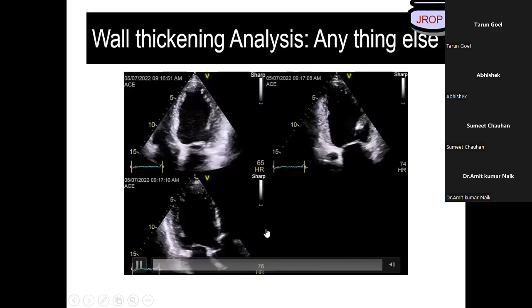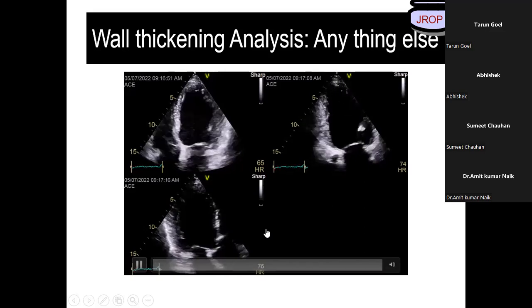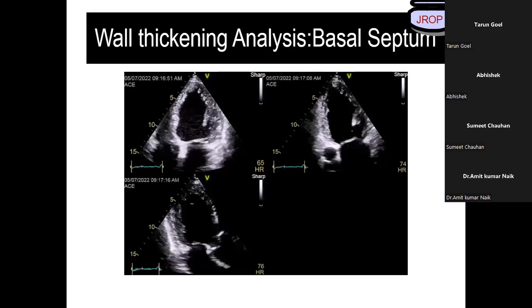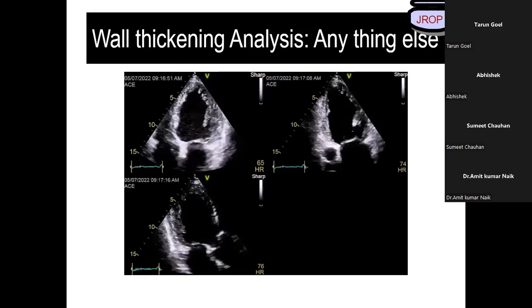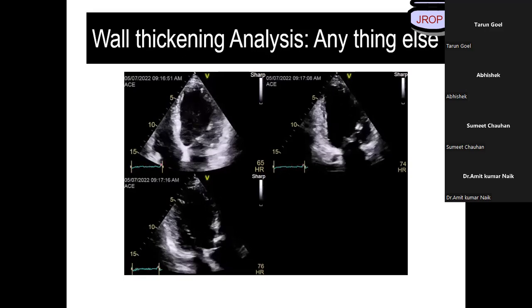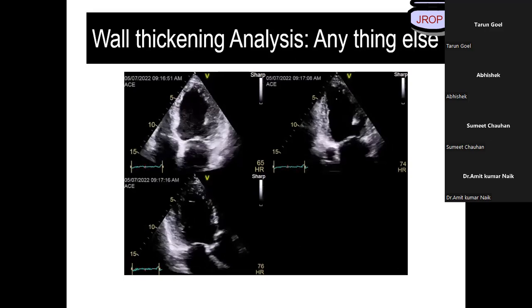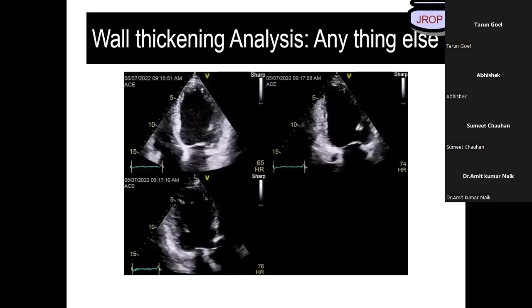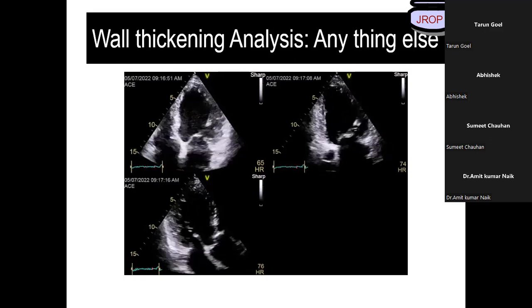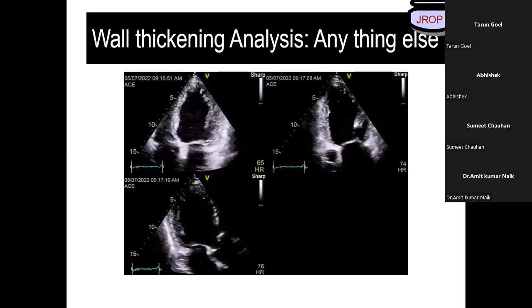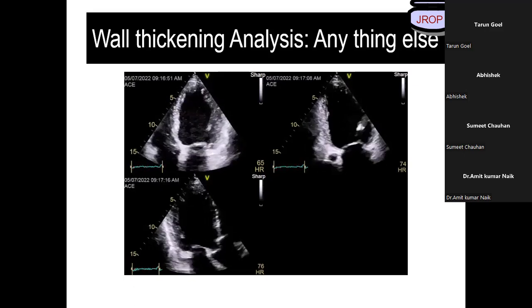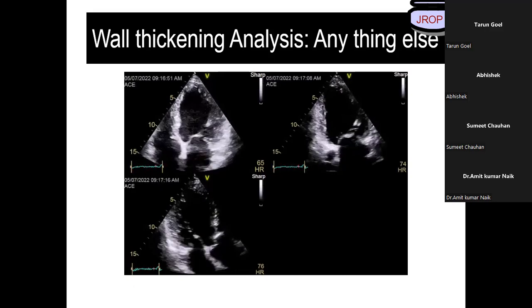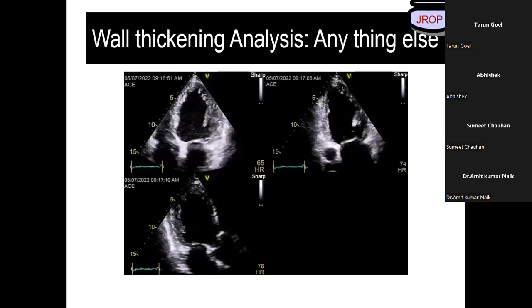Very subtle finding which is there in it. Now tell me anything specific you see in this.